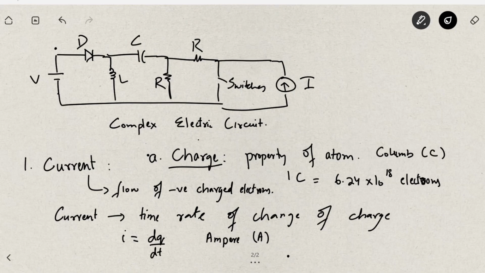So we have defined movement of electrons as current. Now what causes this movement? Why do electrons move? Electrons will only move when you apply some force to them, or you have to do some work to be able to move an electron across some distance.